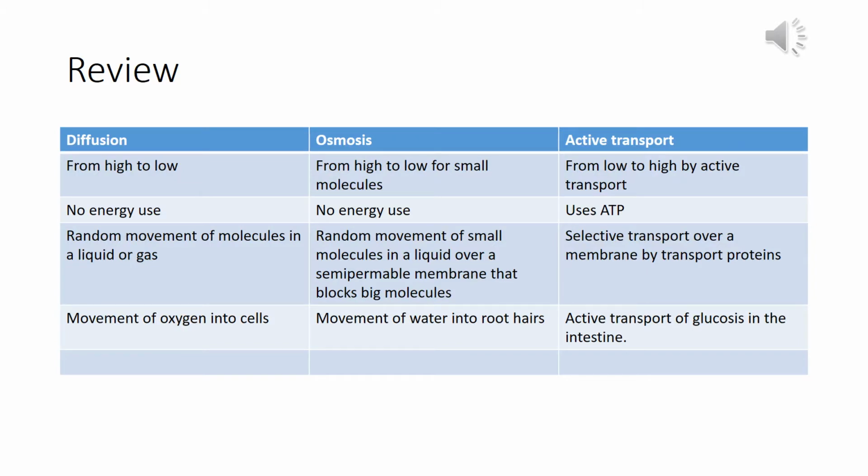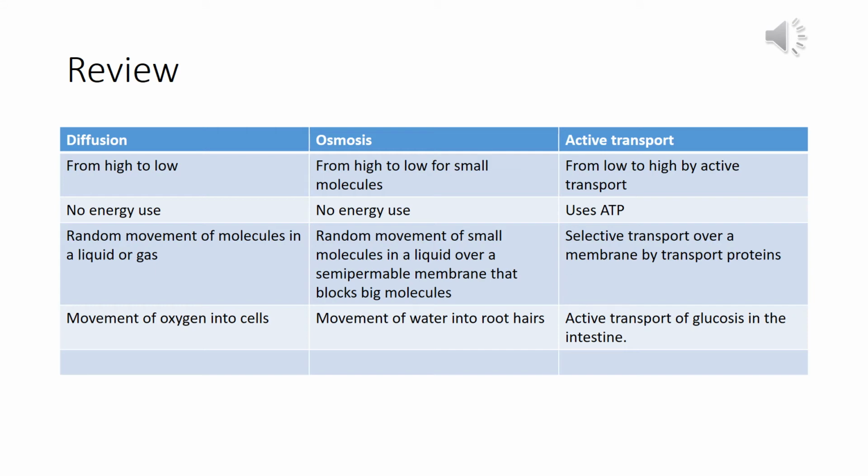So a short recap. Net diffusion goes from a high concentration towards a low concentration and is of course affected by temperature. Osmosis goes from a high concentration or high water potential to low water potential for the small molecules which can move over the semipermeable membrane. Active transport goes from low to high concentration by use of transport proteins.